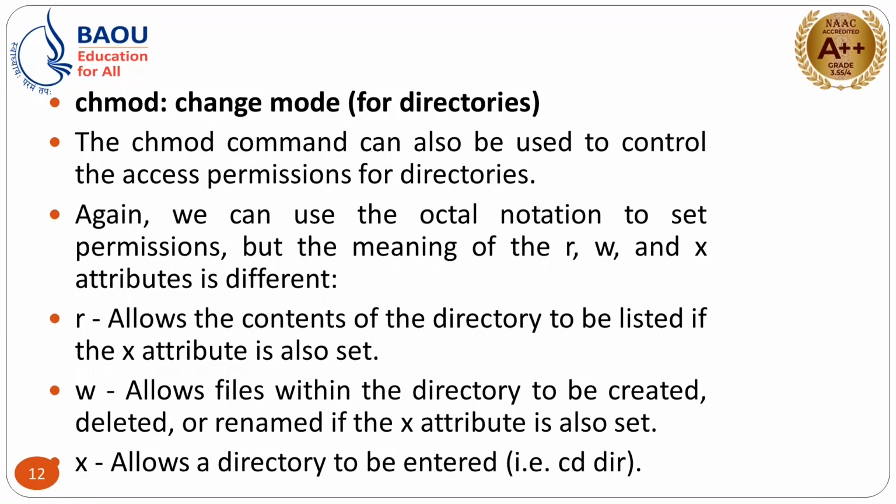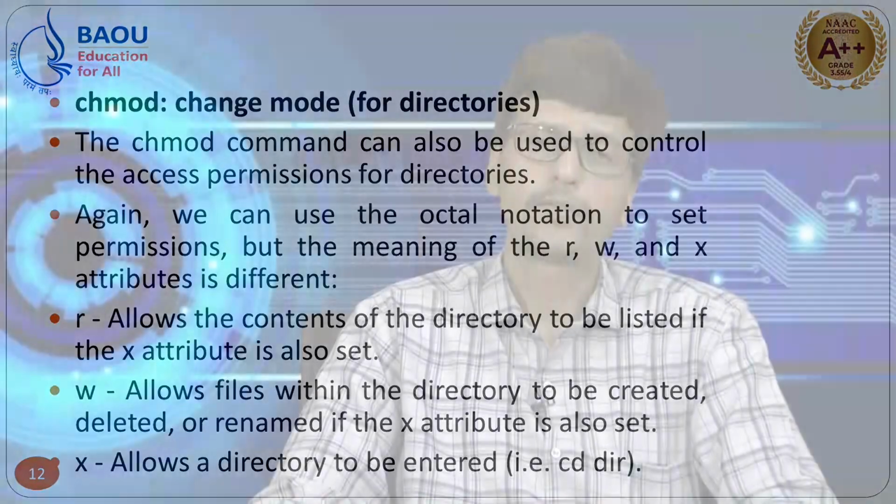I again repeat, for the directory, if you have execute permission, the R option only allows you to see whatever files or subdirectories are available inside that directory. You cannot create, modify, or rename any file if you only have the option R. If the W option is there and you already have the rights of execution, you can create a new file, rename a file, and delete a file.